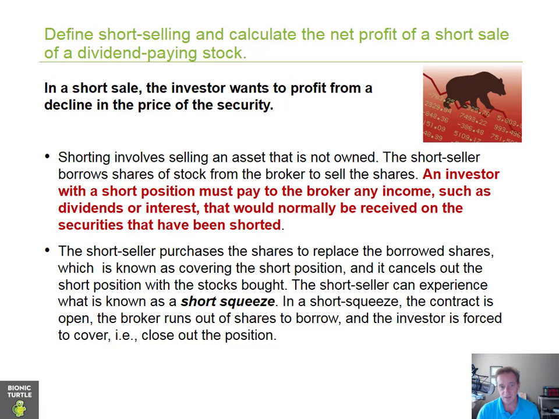A key feature of the short sale that can be easy to forget is that the investor with a short position must pay to the broker any income. In the case of a stock, that's the dividend that would normally be received. The dividend gets paid by the company, but the short seller does not collect it. It gets passed along to the owner of the share by way of the broker.